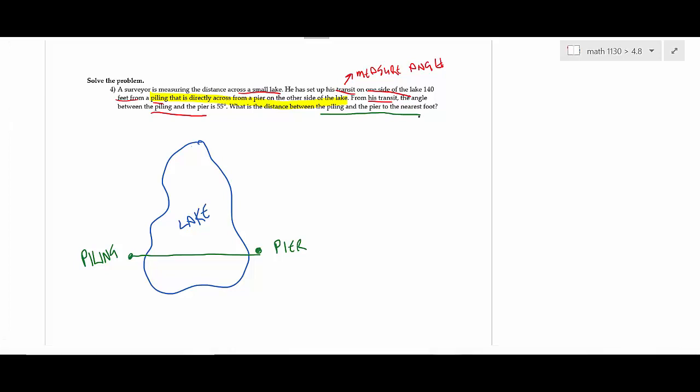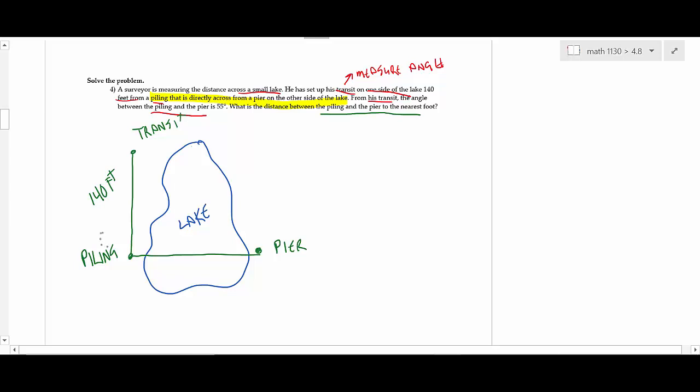Now we're at a stage where we're still working with right triangles. We're not ready to do law of sines, law of cosines, and that kind of stuff yet in the class. So what we have here is the transit is over here somewhere. So the transit's on the same side of the lake as the piling, and what he's doing is he's measuring that distance off like that. And that distance is 140 feet.